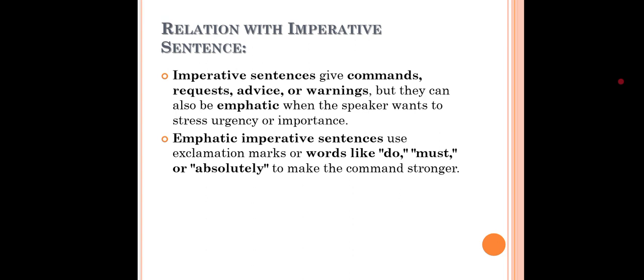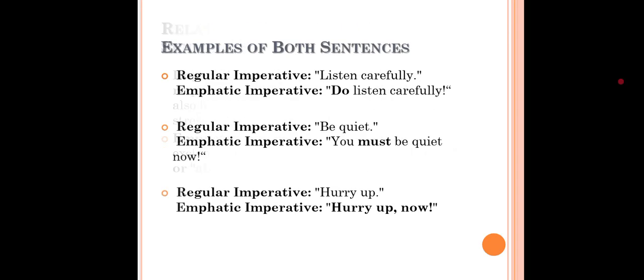So that is why it is an emphatic sentence. So now see some examples, and by watching these examples, you will easily understand the difference between these imperative sentences and emphatic sentences.